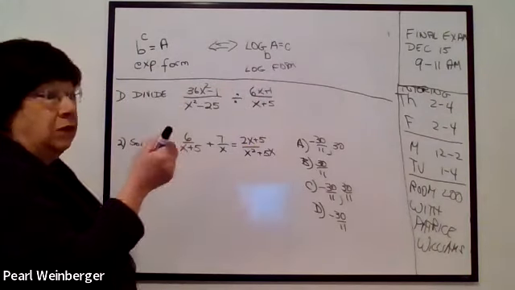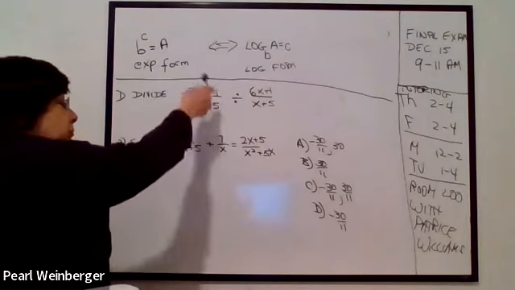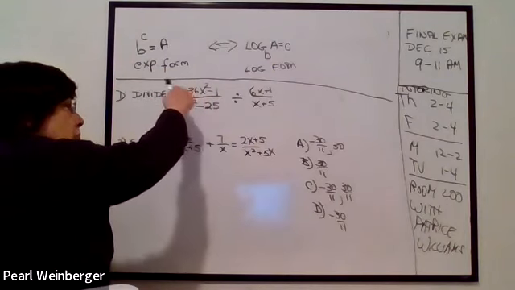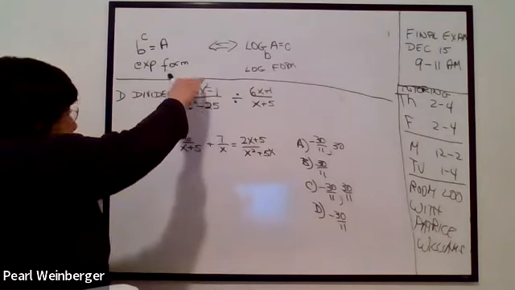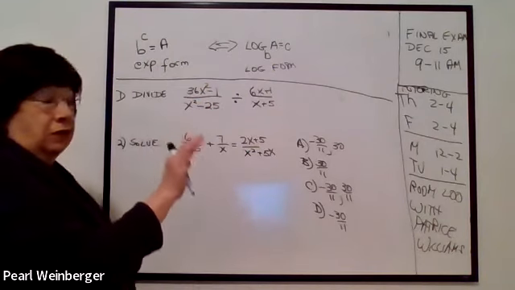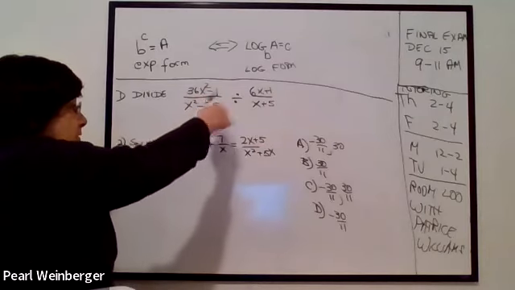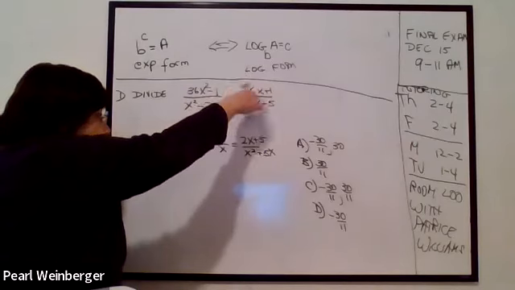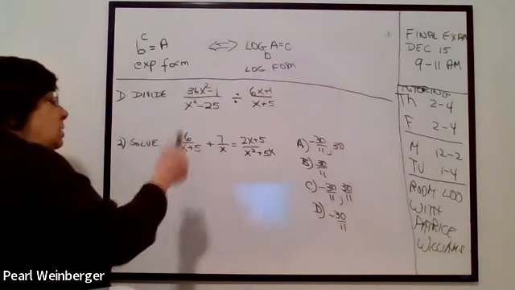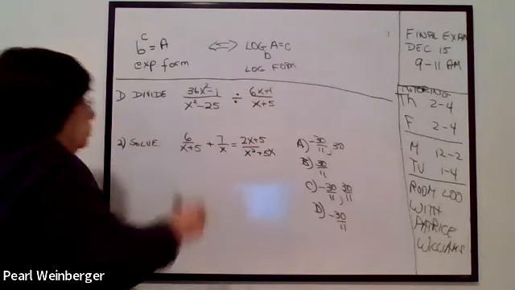Also, we know that we have to factor everything so that we can see if we can reduce or cross reduce or cancel anything out. So I'm going to do those two things together. I'm going to factor everything, and as I rewrite it, I'm going to rewrite the second fraction as a reciprocal.